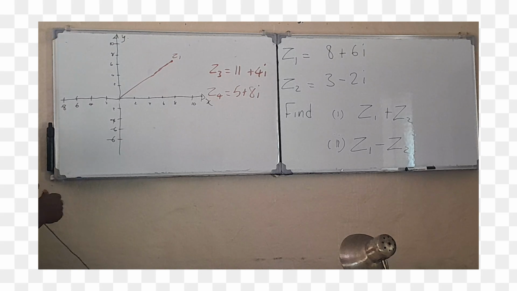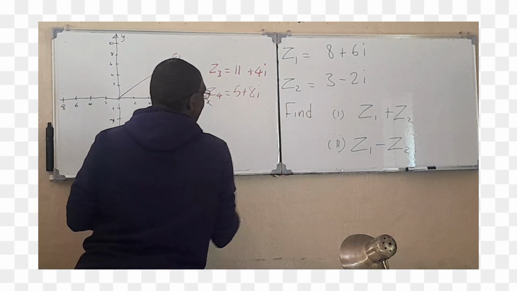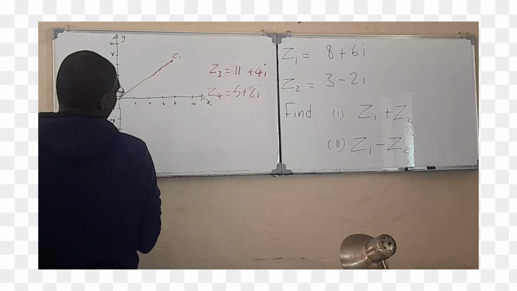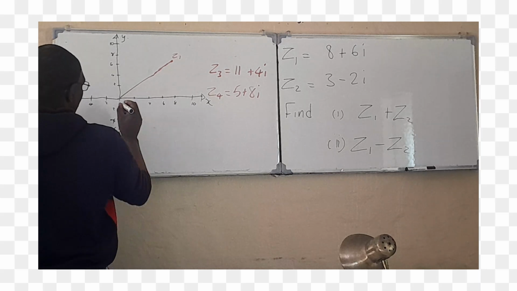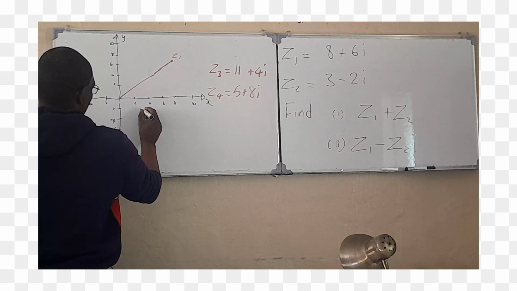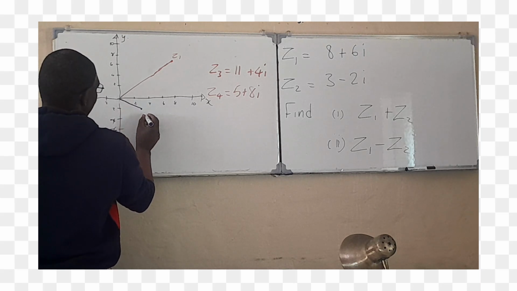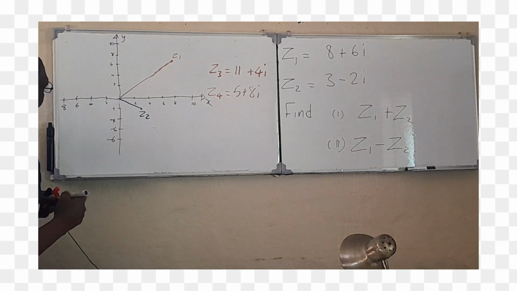My Z2 is 3 along the real axis and minus 2 down. Perhaps we should find some other color. So that will give us 3 horizontal, which is somewhere here, and minus 2 along this direction. So that gives me my Z2 on the Argand diagram.